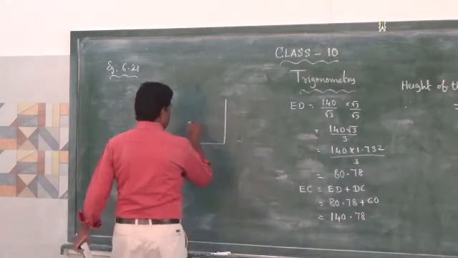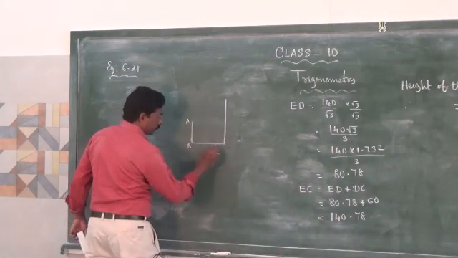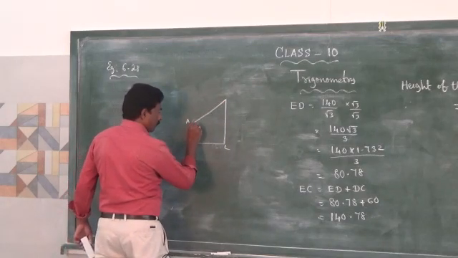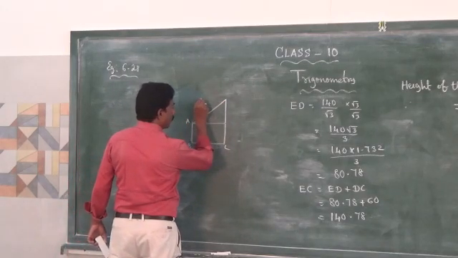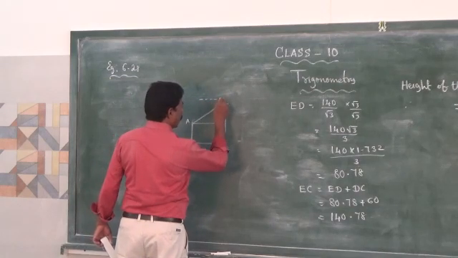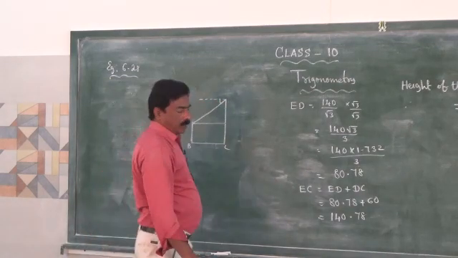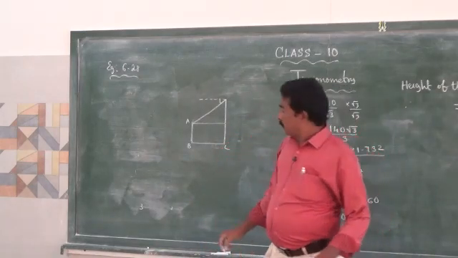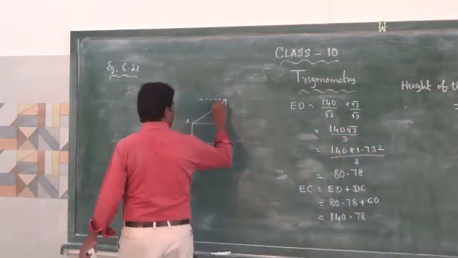So from here, suppose AB is a tree. The angle of depression of the top of the tree is 30 degree. So this is 30.